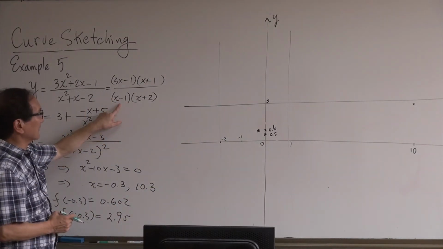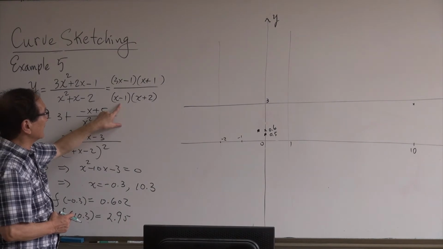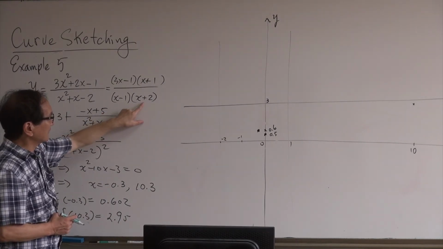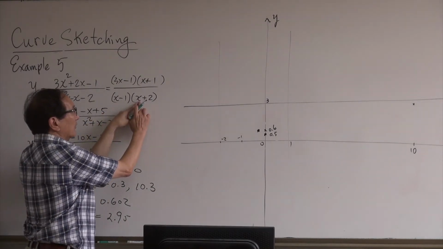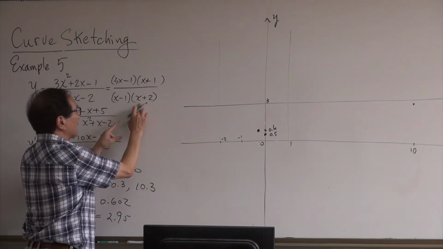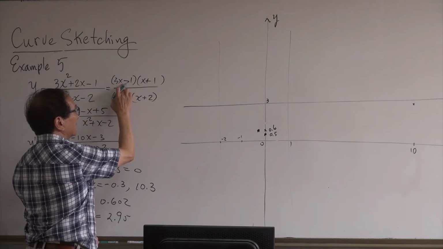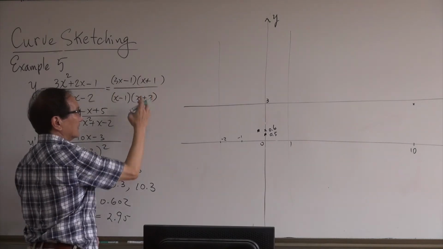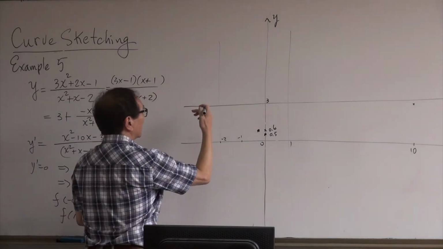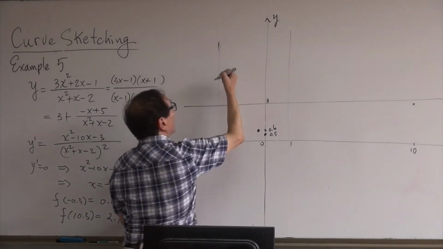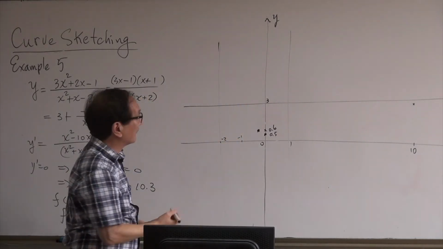Then this number is negative. So it's negative, negative, negative, positive. This one is negative, this one is negative, so it's positive. So positive infinity. Understand?